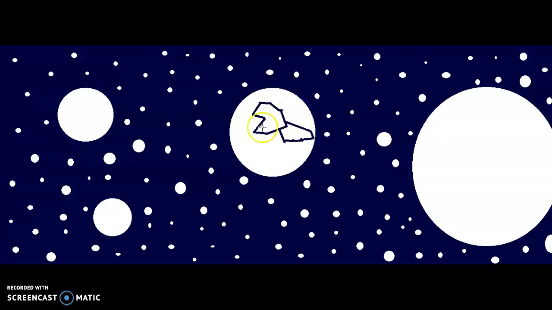So that a piece of land would look like Earth, our planet Earth. Try to do that in Paint. You will be able to do it.